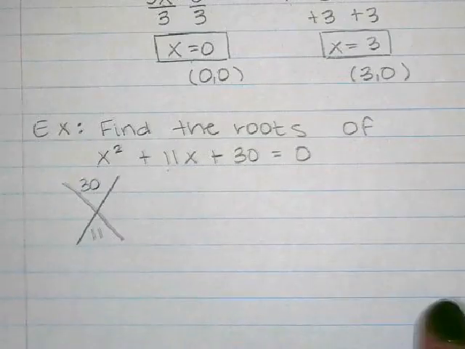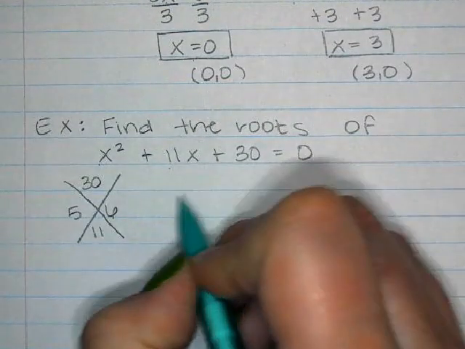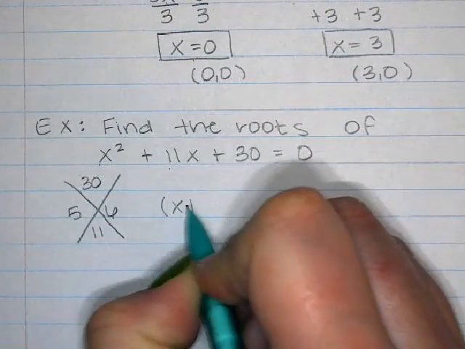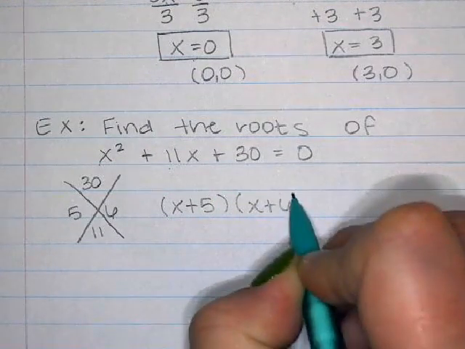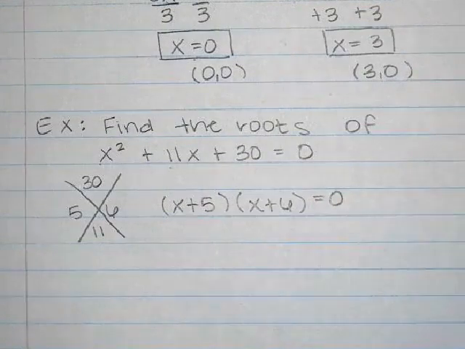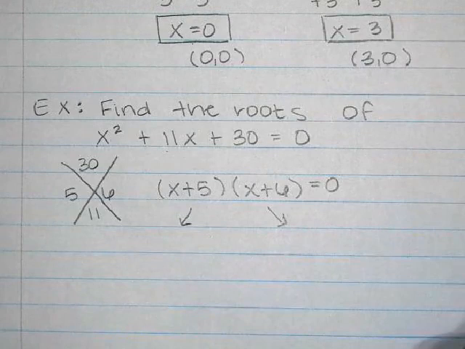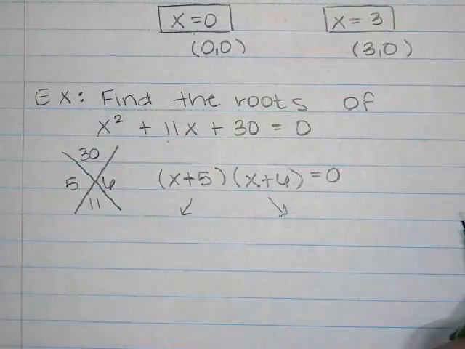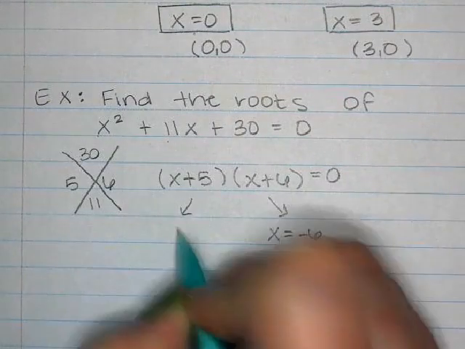5 and 6. Okay, so in our parentheses we have x plus 5, x plus 6, keep the equal 0, and then we have two solutions. What are the two solutions? Yep, x equals negative 6, x equals negative 5.